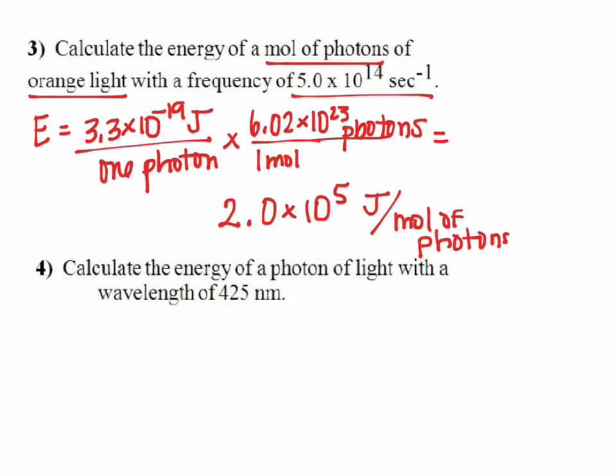Would you recommend using the value that we got in the calculator or just the rounded value that we had for the last answer? Well, if it was a running question, then I would take whatever you answered number 2 with, to take that into 3. So we use 3.3 times 10 to the negative 19th. That's the answer we got in 2. So I would bring that as what I'm using for answer 3.